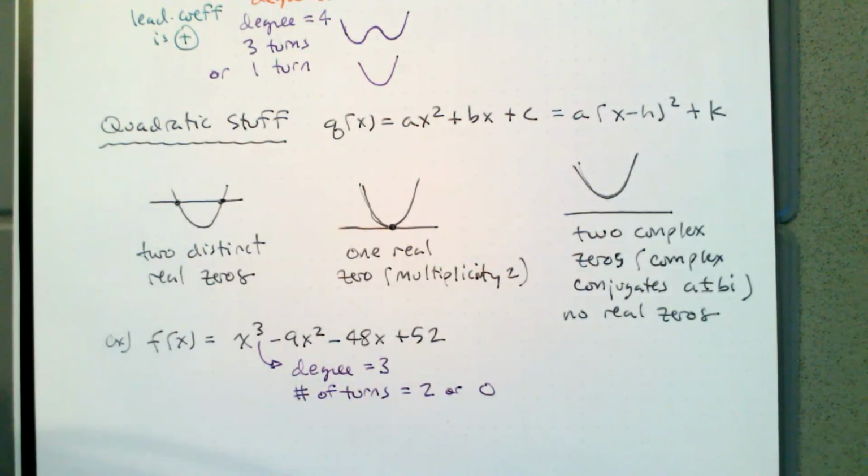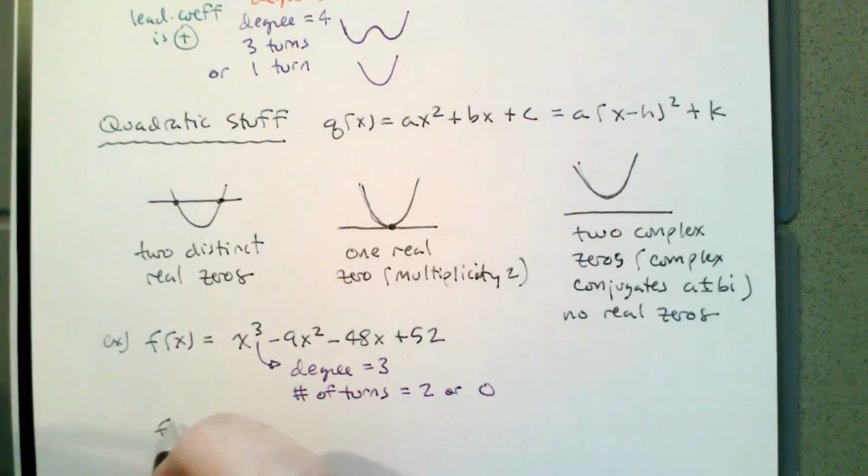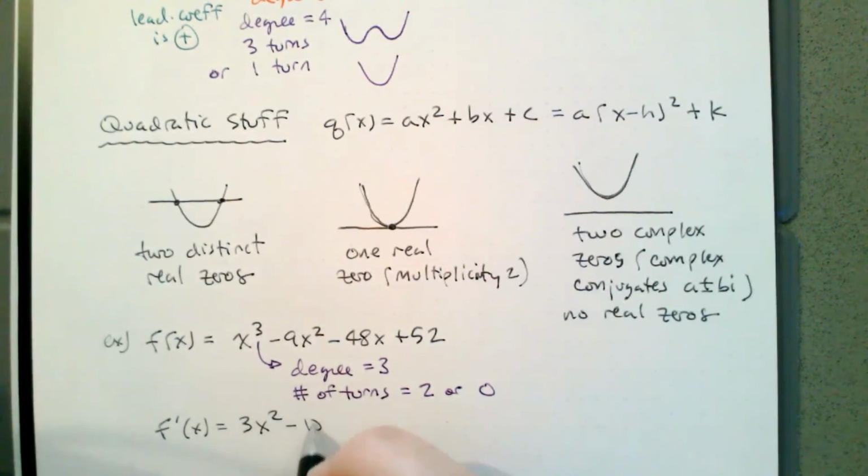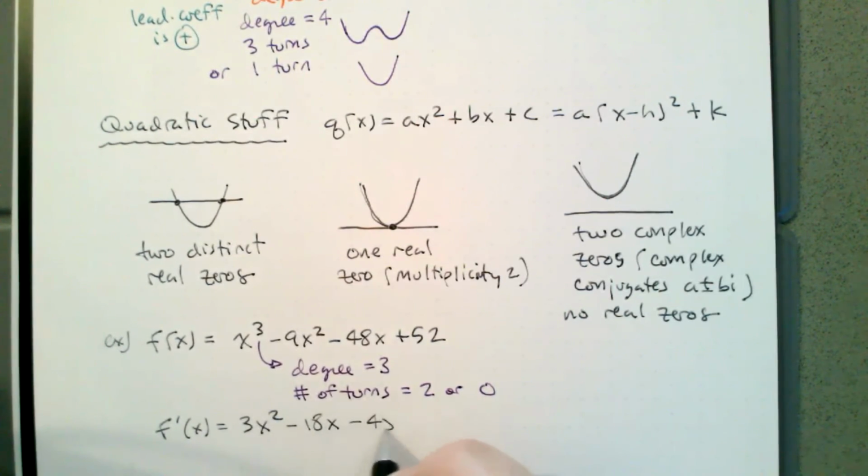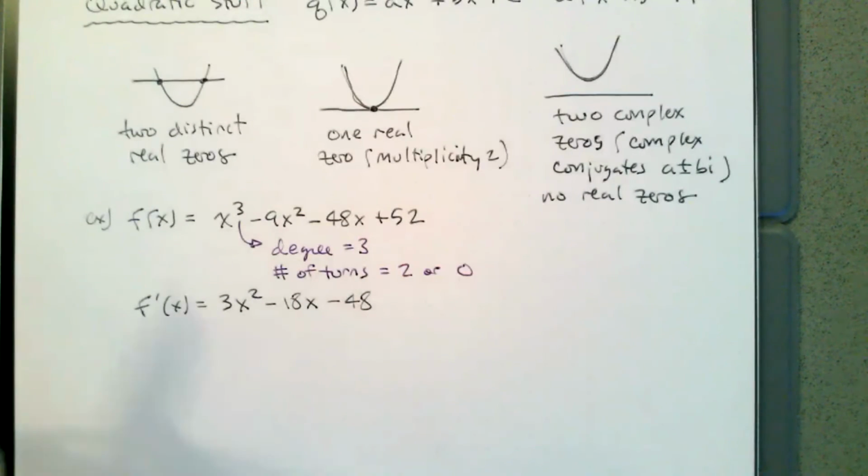This makes sense with what we know about quadratic stuff. f of x is a cubic polynomial, so f prime of x will be a quadratic polynomial. And since f prime is a quadratic, f prime will have either two real zeros or no real zeros.